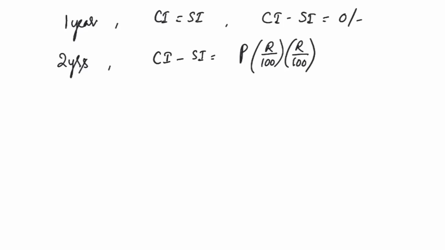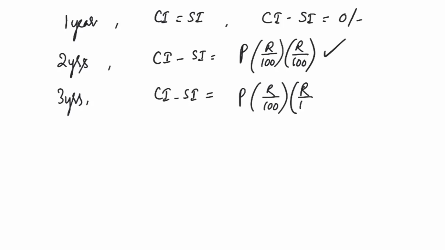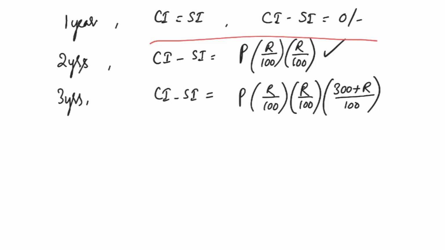For 2 years, the difference between compound interest and simple interest is P into R by 100 into R by 100. And for 3 years, the difference between compound and simple interest is P into R by 100 into R by 100 into 300 plus R divided by 100. You should remember these two formulas.